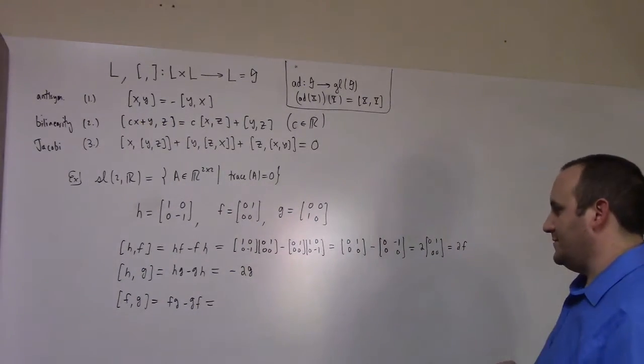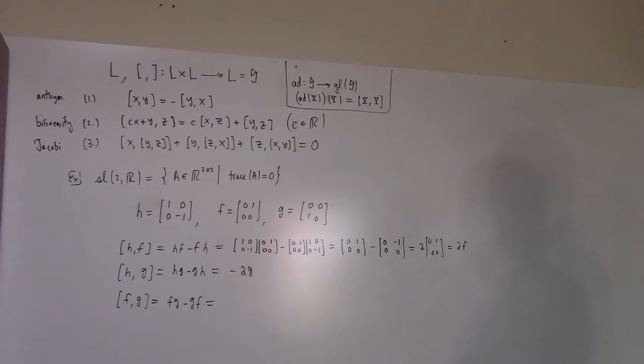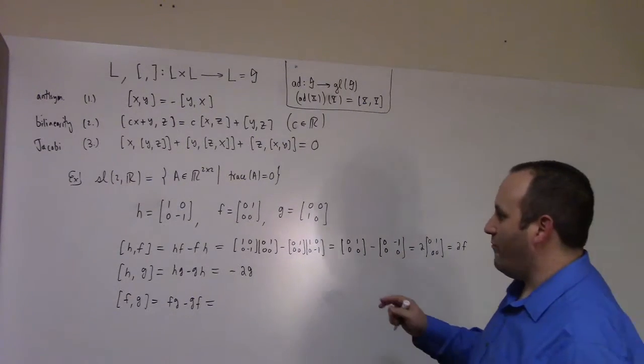Now F with G might be 0. No. What did I get? That's not right. I'm getting the matrix 1, 1, 0, 0, or 1, negative 1, 0, 0. Let's see, when I multiply, check that.